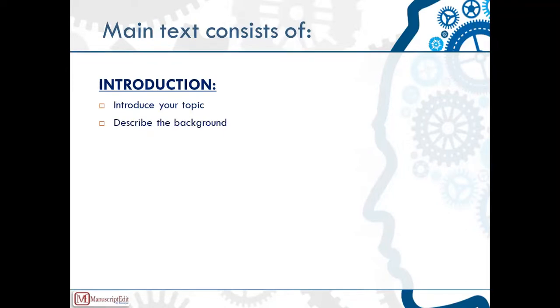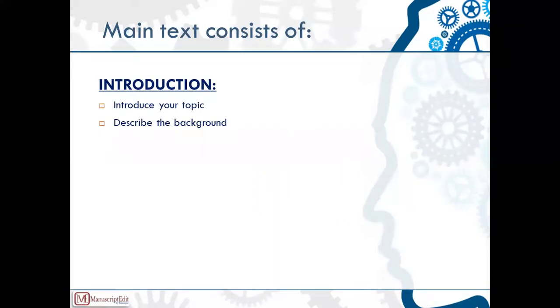Now, describe the background. Describing the background generates the reader's interest in your research topic or question and helps them understand why your study is important. Typically, the background of a study includes a review of the existing literature on the area of your research leading up to your topic.